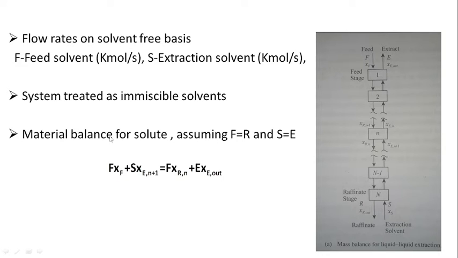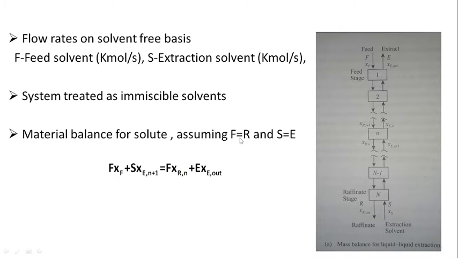Let the molar flow rate of feed be F and that of extraction solvent be S. We assume that the system is immiscible, so two layers are formed after the extraction phase.